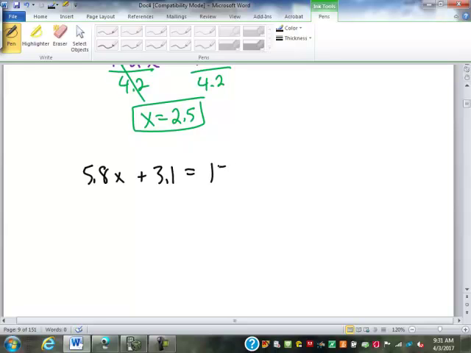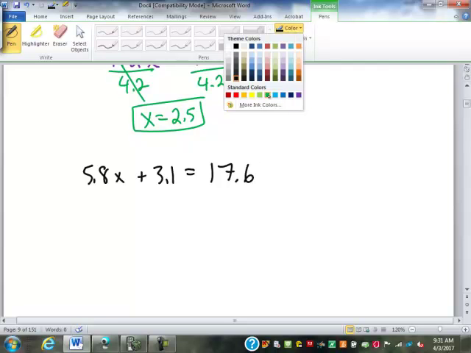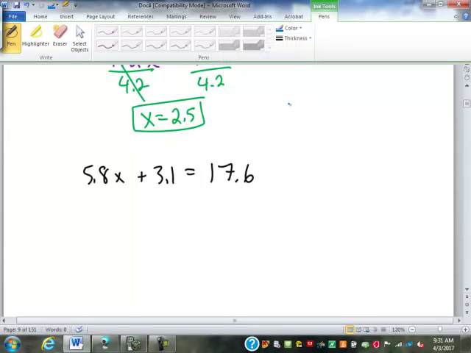So we have 5.8x plus 3.1 equals 17.6. Where do I have to start? Subtract 3.1. So it's gone on the left side, leaving me with just the 5.8x. On the right side, 17.6 minus 3.1 is 14.5.